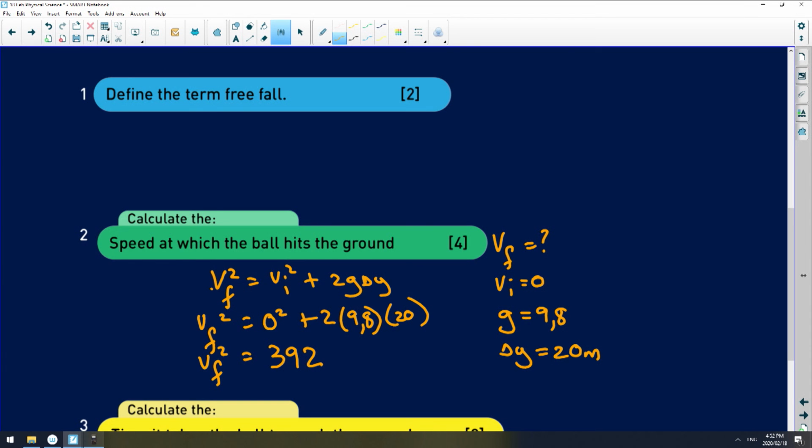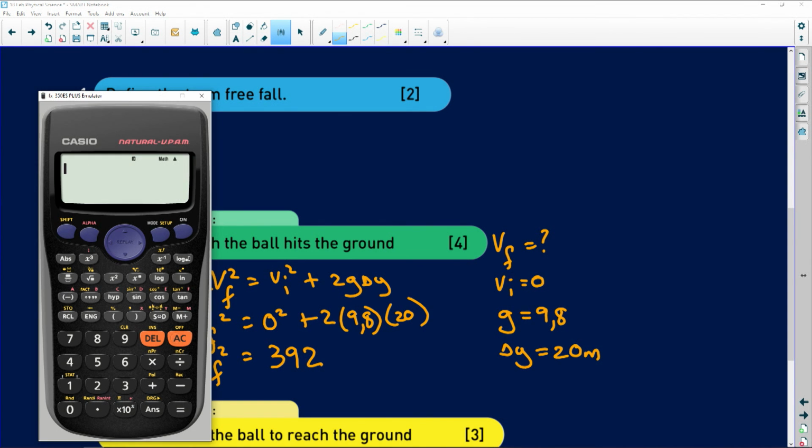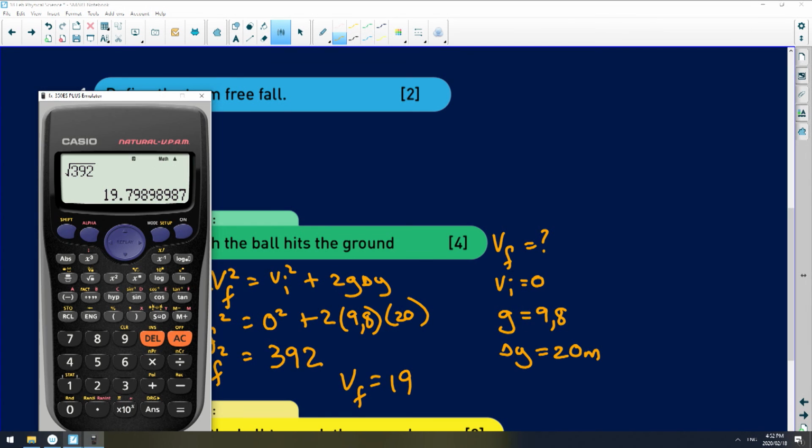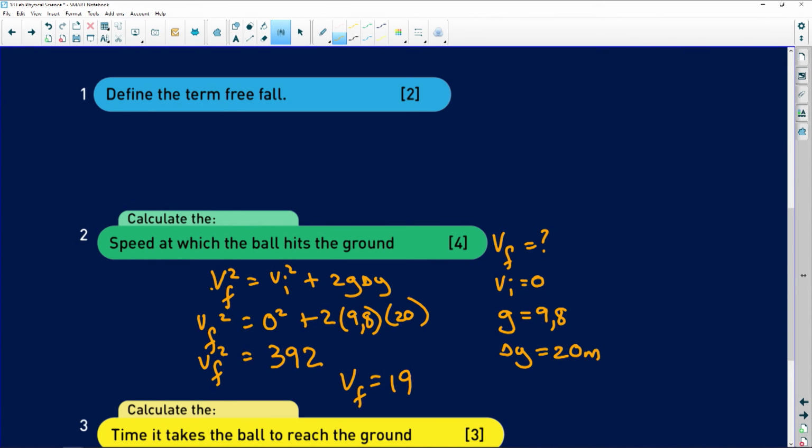And now we're going to take the square root of 392. So the square root of 392 is equal to 19, comma 798. So let's make it 19,80 meters per second.